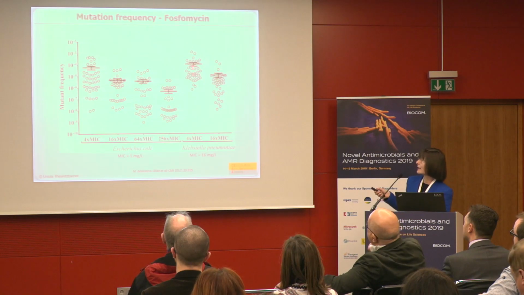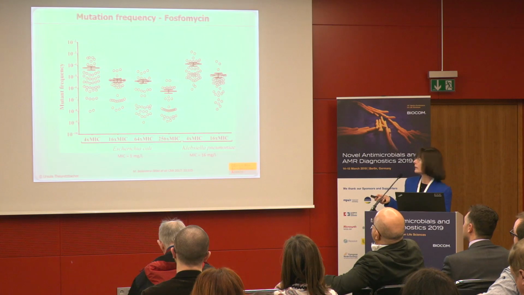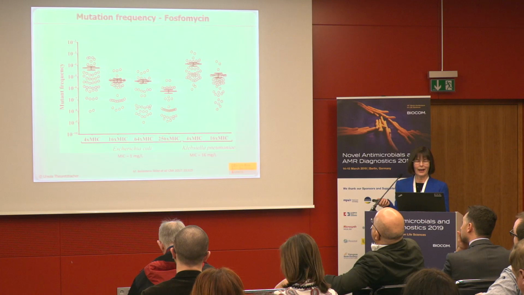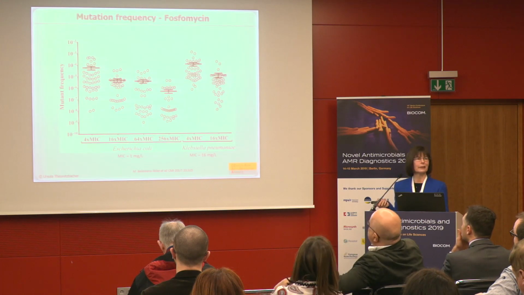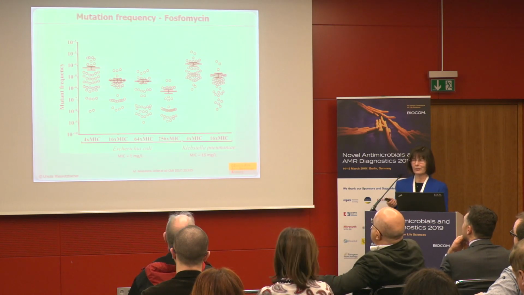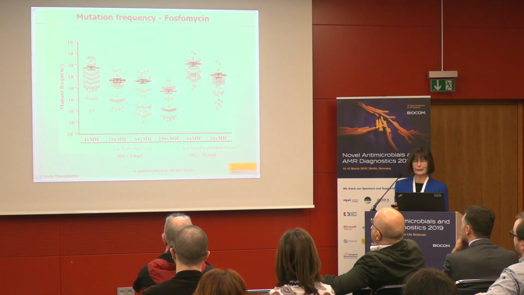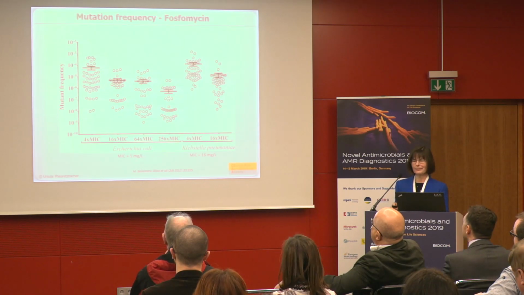And also in Klebsiella, in this case, much worse than for other species. But the message is apparently you need to study a lot of strains to get a picture of what's happening.